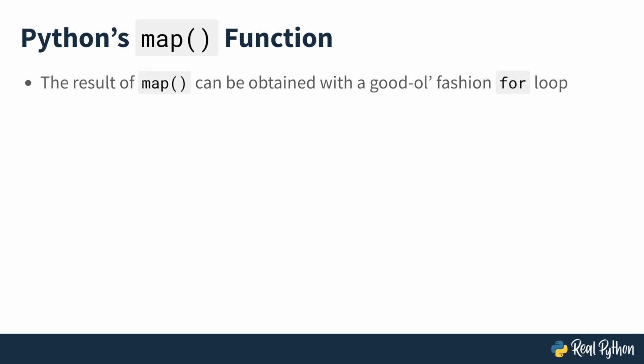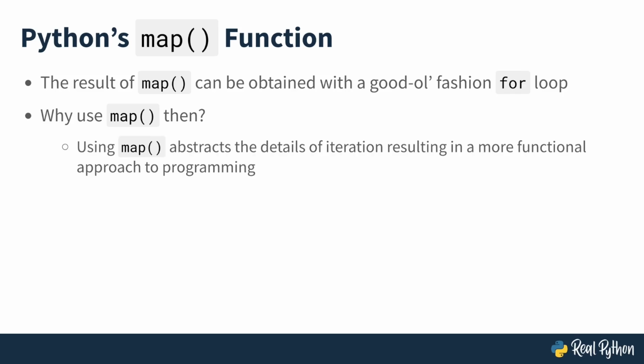Now you're probably thinking to yourself, the result of map, I can probably just get what I need using a good old fashioned for loop. So why should I use map then? Well, let me give you a few reasons. Using map abstracts the details of iteration, resulting in a more functional approach to programming.